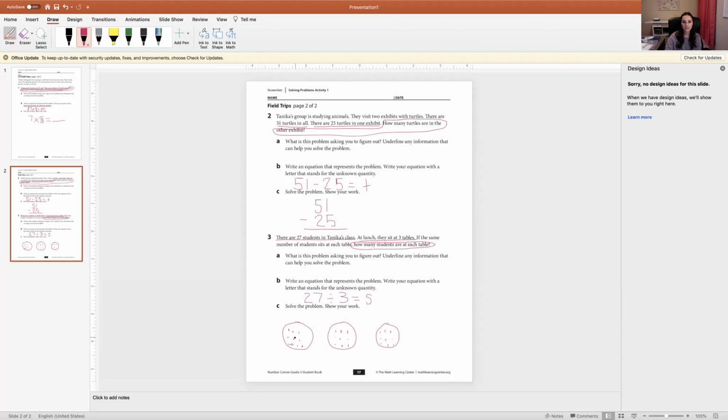Okay, then in each table, it looks like there's 1, 2, 3, 4, 5, 6, 7, 8, 9. So each table has 9 students.